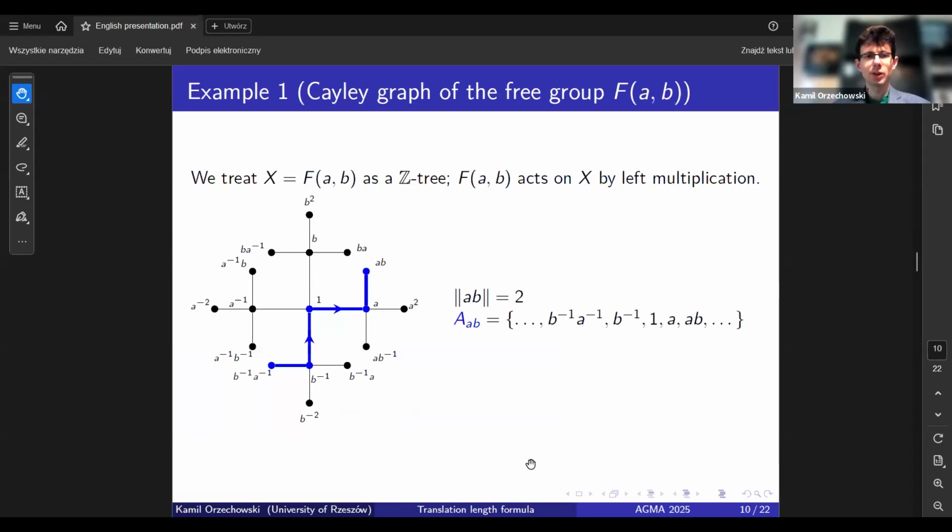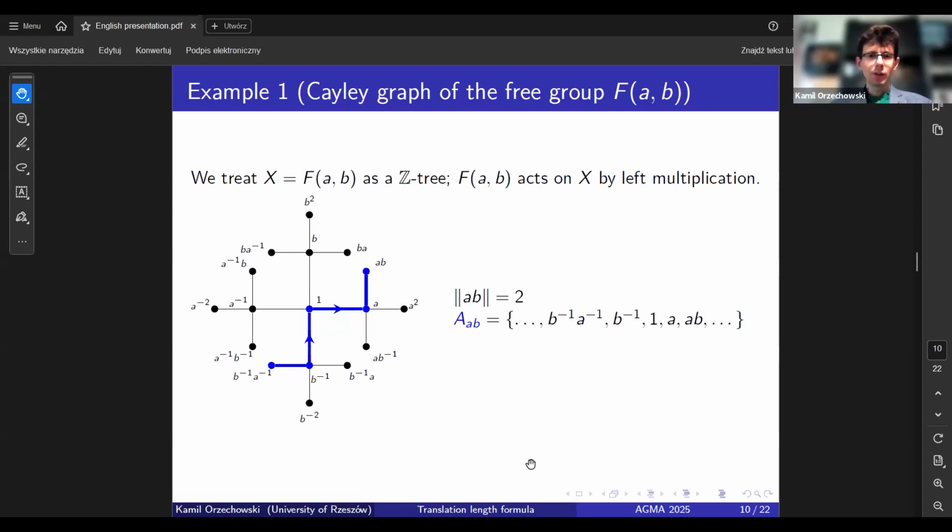The first is the Cayley graph of the free group of rank 2. It is treated as a Z-tree. I have marked in blue the axis of AB. It is, of course, infinite. I marked only a finite amount of points.